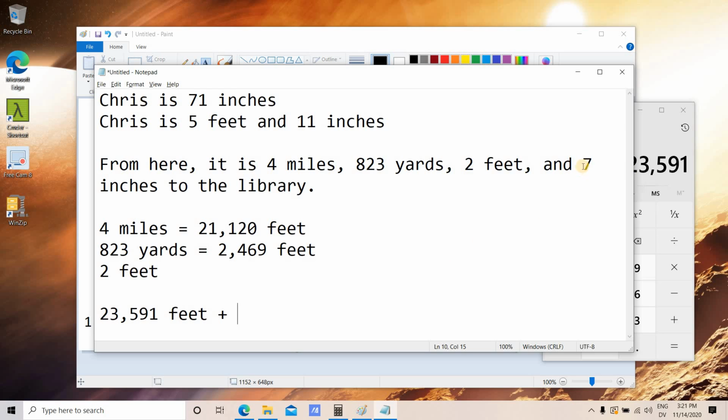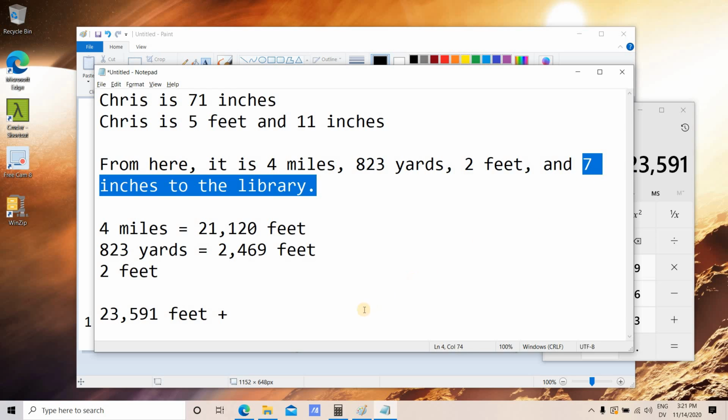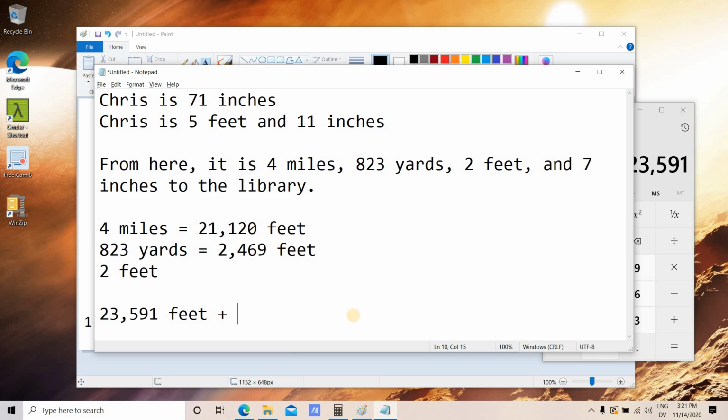Plus, and then we have over here 7 inches. So plus 7 inches.